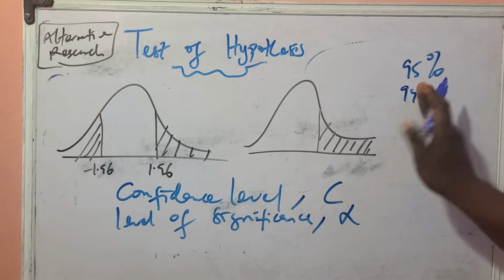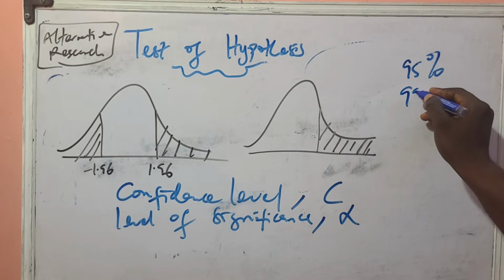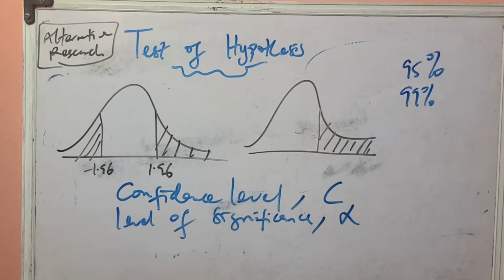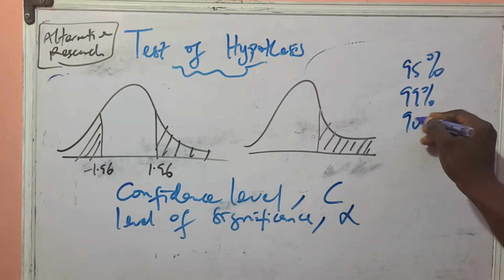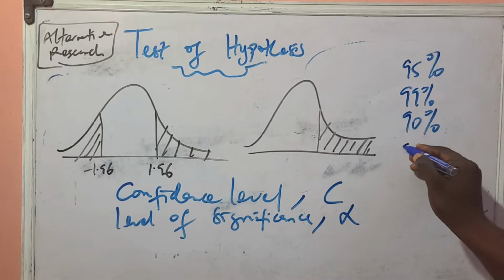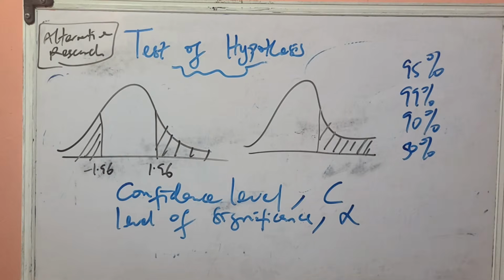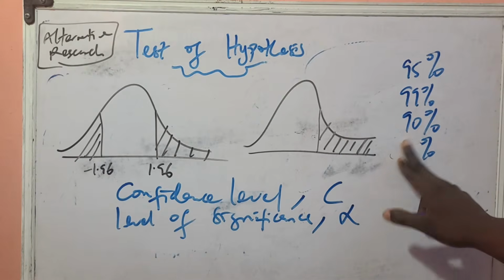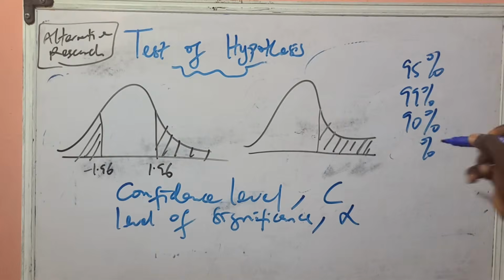Sometimes you can run it through a 99% confidence level. Sometimes you run it through a 90% confidence level. But let me tell you something. Running a test on a 50% confidence level makes no sense, because in these cases, it's more like you're not even confident. In short, why should I accept a test which you tested on a 50% confidence level?